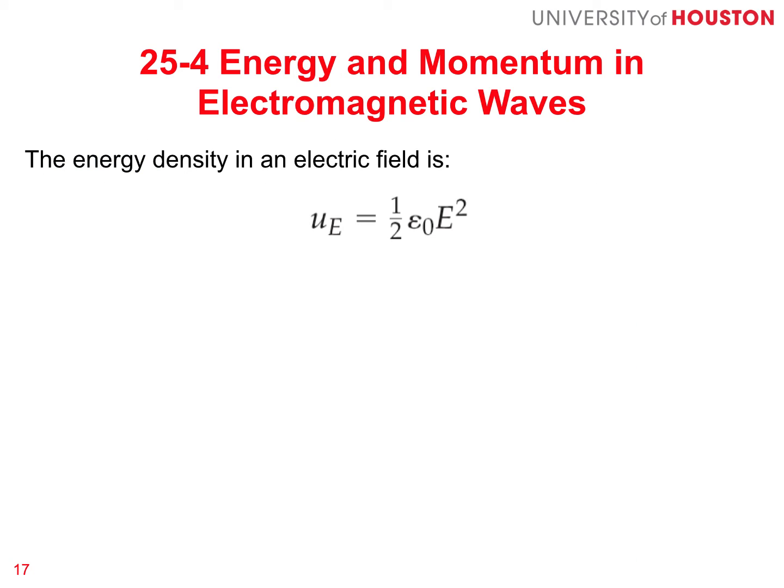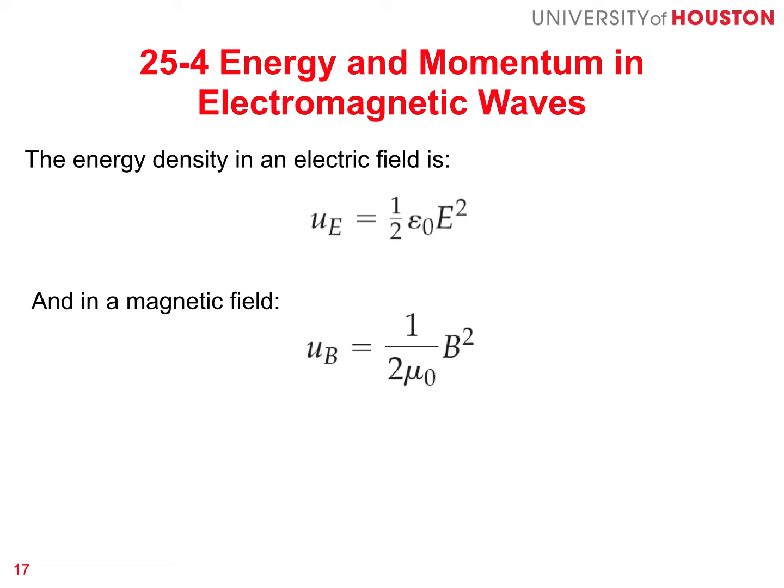As shown in the previous chapters, the energy density due to an electric field, which we refer to as U_E, is half times epsilon zero times the value of the electric field squared. For a magnetic field, this is equal to 1 over 2 times mu naught times the value of the magnetic field squared.